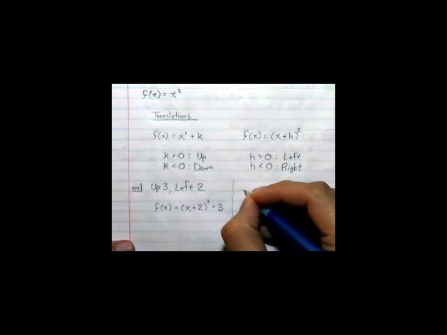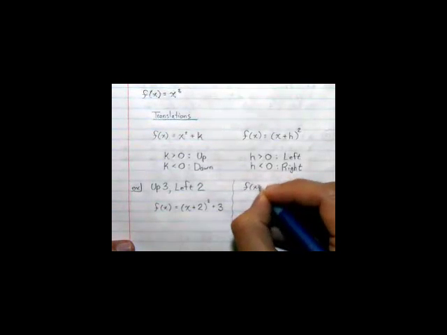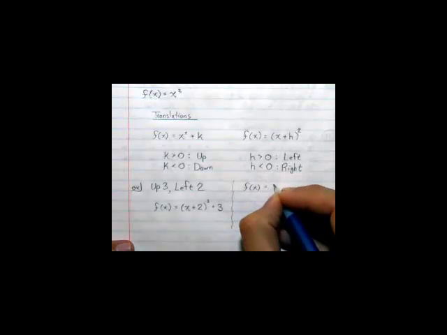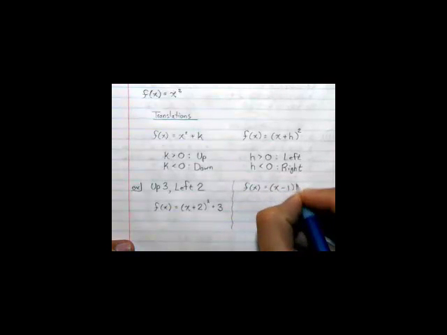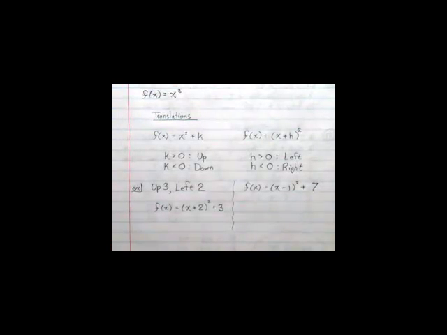If I give you the equation, then can you take it the other direction? So if we had f of x equals x minus 1 squared plus 7, how is that one translating? Let's have somebody else this time.